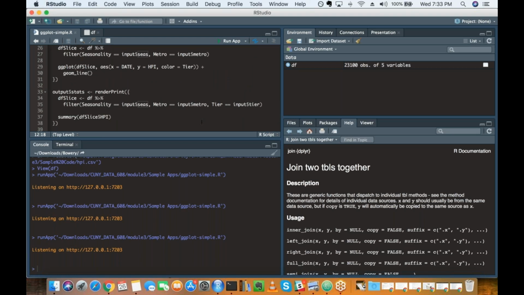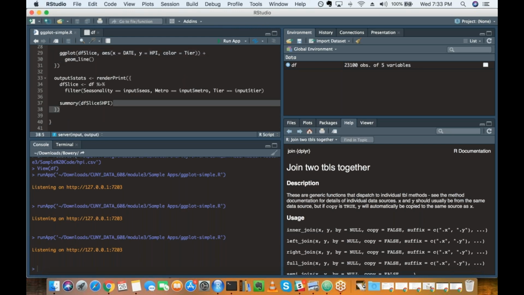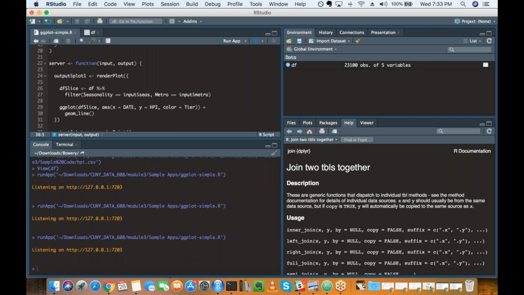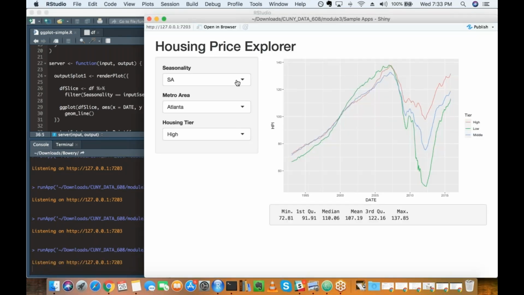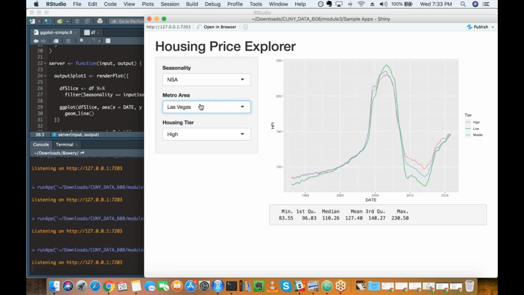I'm filtering the data based on what is being selected in the input, and either returning a ggplot, or in this case, just printing out the summary. And that's all that's happening in this app. When I run it again, hopefully it'll make slightly more sense what's happening here, making selections with various metro areas and slicing data frames.